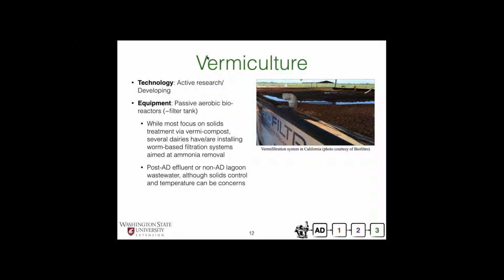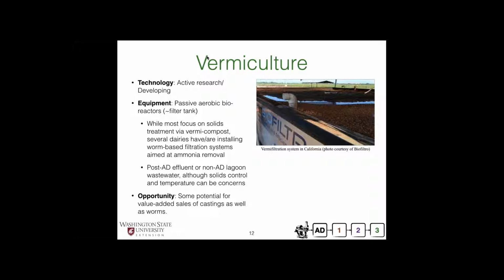And so the idea there is to filter the effluent, allow the organisms, the worms, to biologically treat, and then that effluent that comes out of that system can be used for other downstream processes, including water treatment.